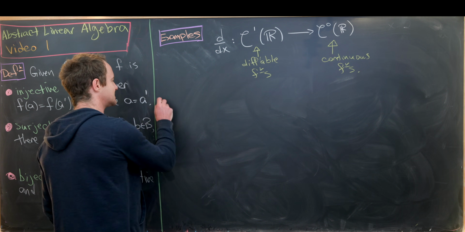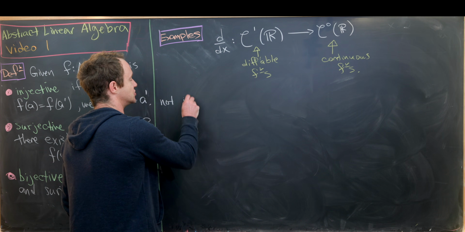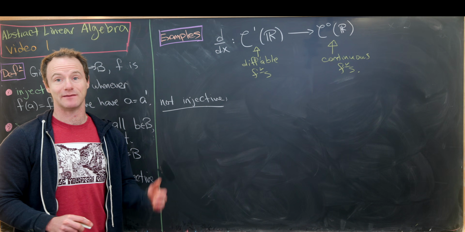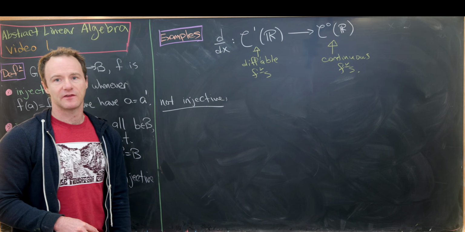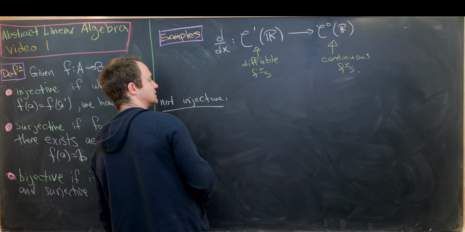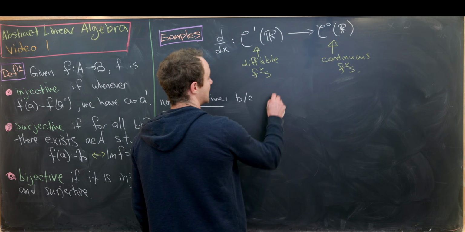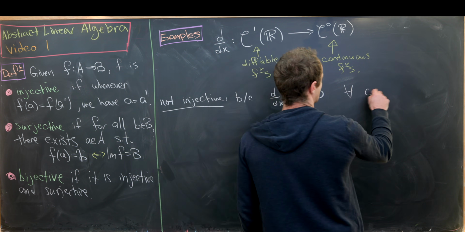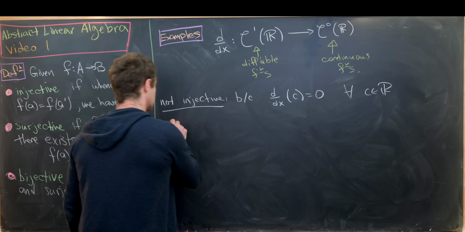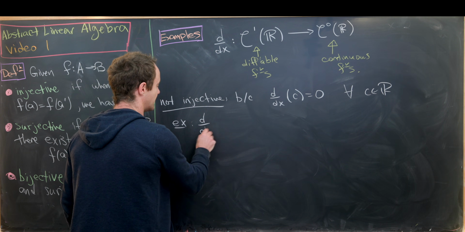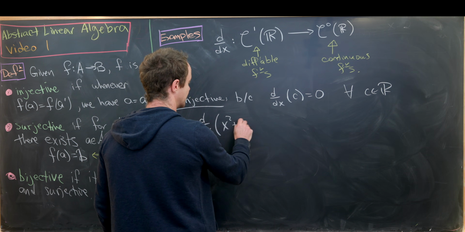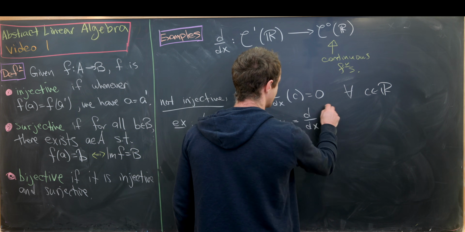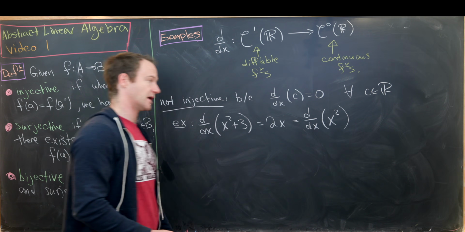So let's notice that this is definitely not injective, and that's because there are multiple functions that have the same derivative. That comes from the fact that the derivative of a constant is equal to 0, for all C in R. So for example, the derivative with respect to x of x squared plus 3 is equal to 2x, but that's the same thing as the derivative of just x squared.